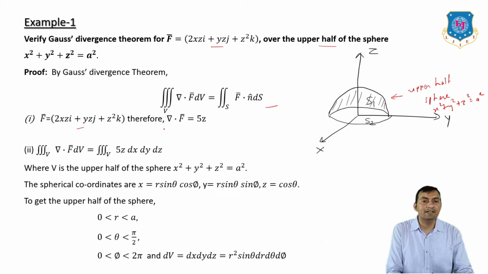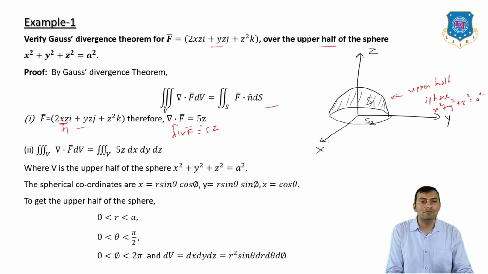Here F is given, so we can find the divergence of vector field F. Taking the partial derivative of the first component with respect to x gives 2z, the partial derivative with respect to y gives z, and the partial derivative with respect to z gives 2z.